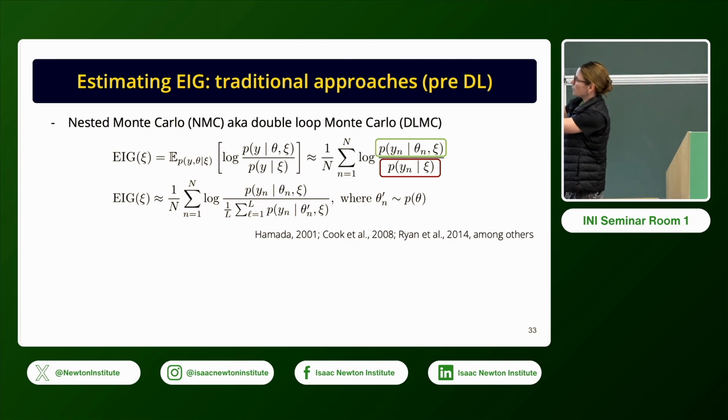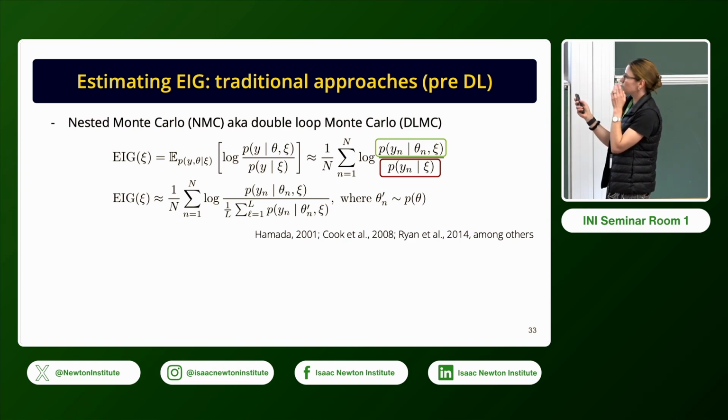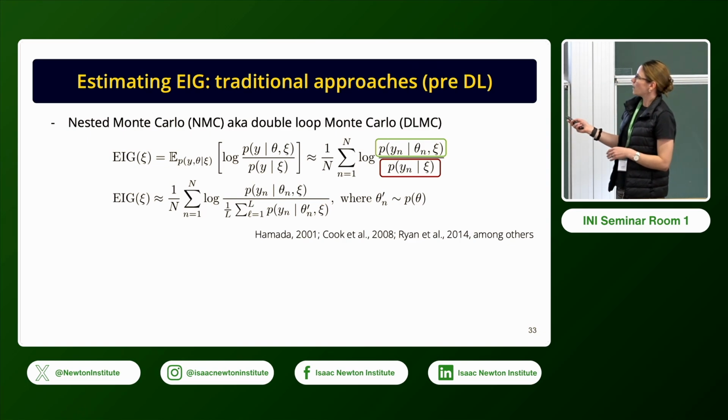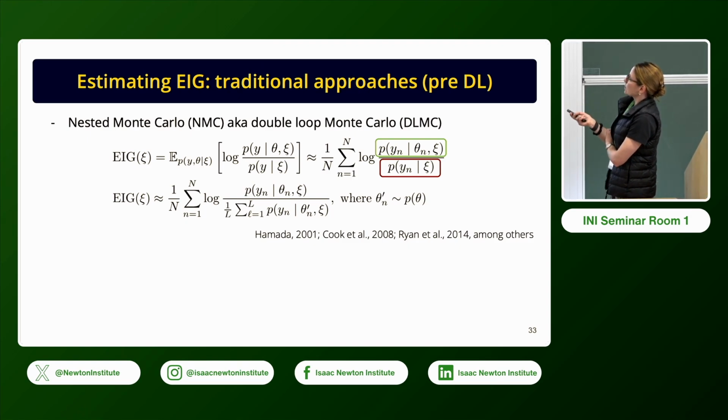And how this estimation was done historically, before the deep learning era, and still today, is to use a nesting of Monte Carlo estimators, right? As a quick example, I'm using this likelihood over marginal formulation.